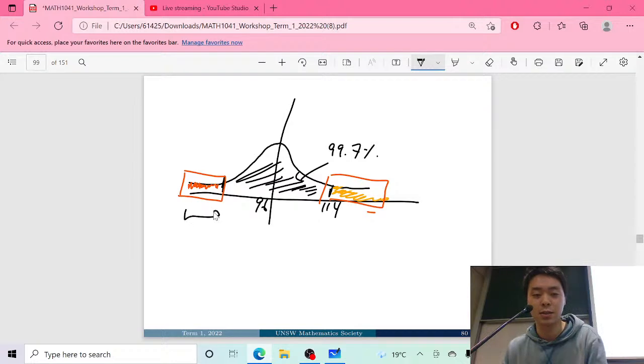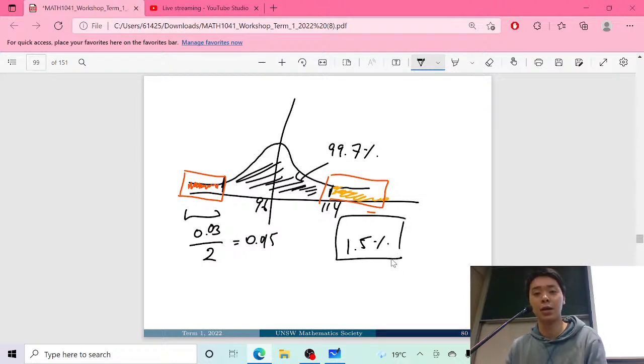Right? So this is going to be 0.3 divided by 2, which is 0.15. Oh no, that's wrong. It should be 0.03, which is 0.015. And so you have roughly 1.5% of people who are going to lie above the score.